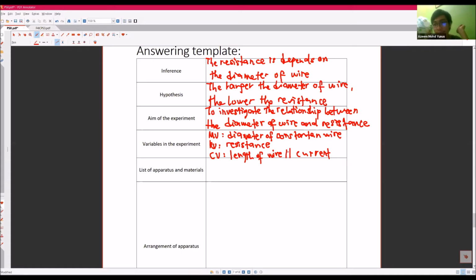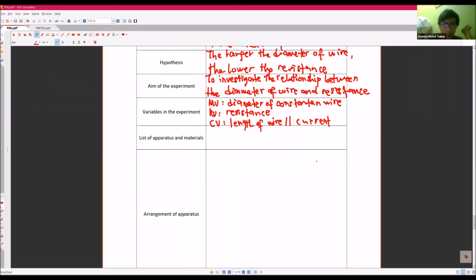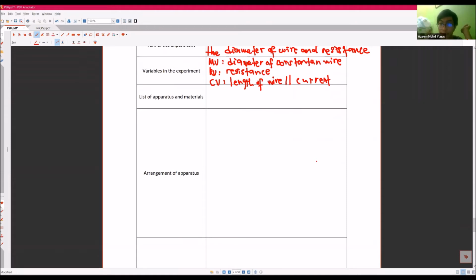We have to make the current constant. If the experiment is Ohm's law, then the current is actually the MV, RV is the potential difference, whereas the CV is resistance. Okay, that's for Ohm's law.